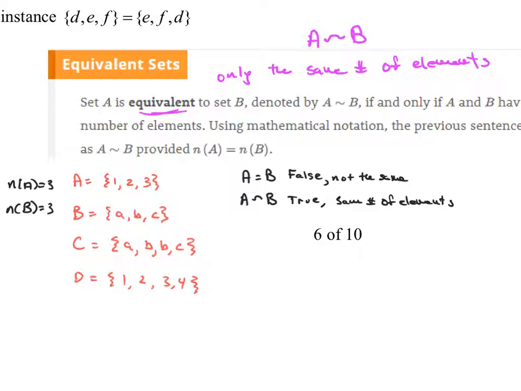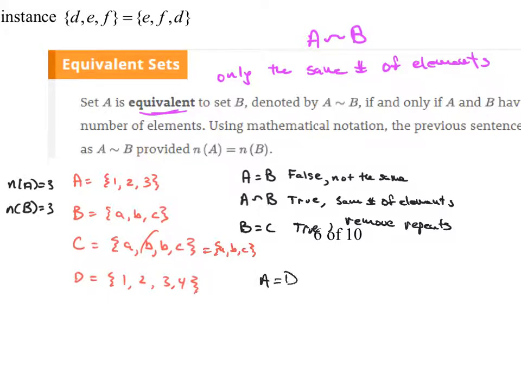Okay? Now here's where some people start messing up. Let's look at how about B is equal to C. Is B equal to C? And the answer here is true. Why is it true? Just remove the repeats. If you remove the repeats from C, you would see that it's the exact same thing as the set A, B, C. How about A and D?